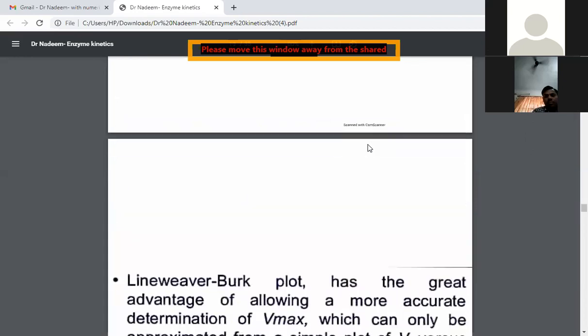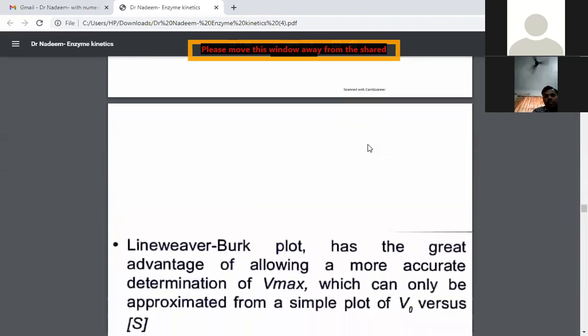This Lineweaver plot is the oldest, given by the two scientists Lineweaver and Burk in 1934. Most of the time it is asked how we can obtain the Lineweaver-Burk plot from the Michaelis-Menten equation.